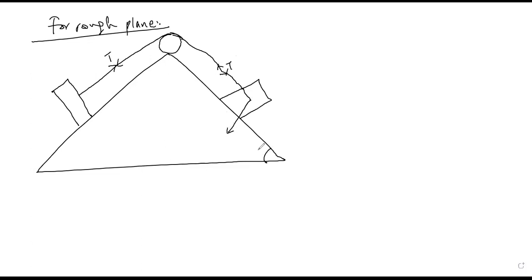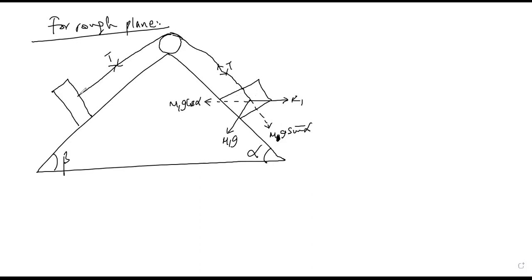Remembering that this is inclined at alpha, this is inclined at beta, and this is m1g weight. This force is m1g sine alpha. Well, this is the reaction R1. This is m1, sorry. So this one will be m1g cos alpha.